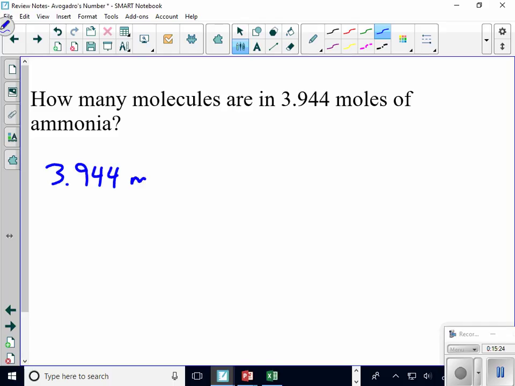Okay. So I have 3.944 moles of ammonia. I am converting, once again, I'm at moles and I'm going to representative particles. I guess I should check, does it make sense to label ammonia molecules?